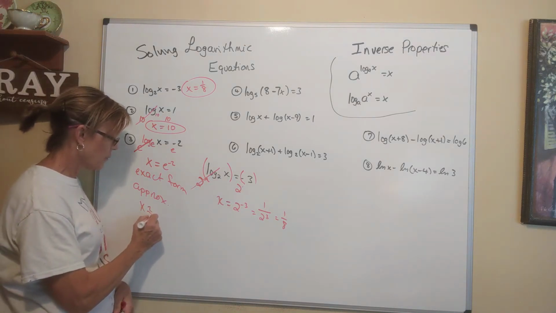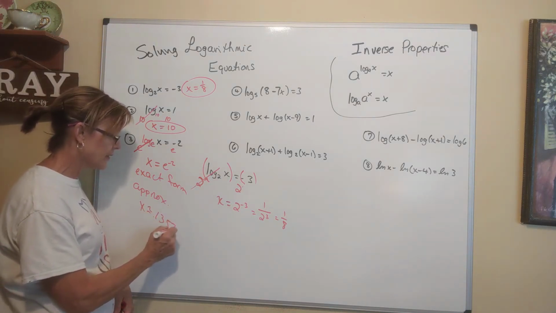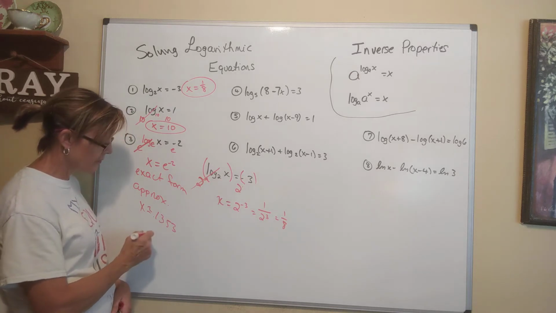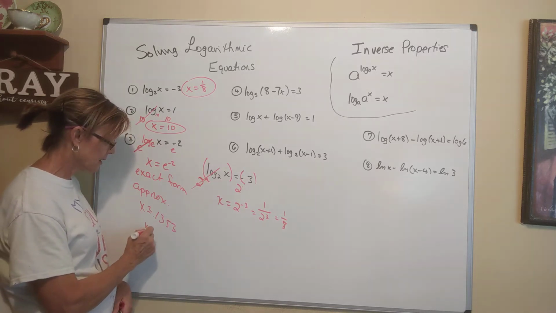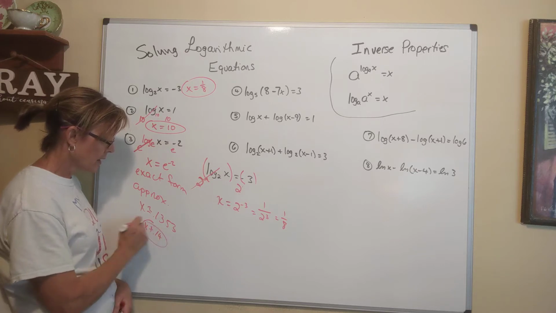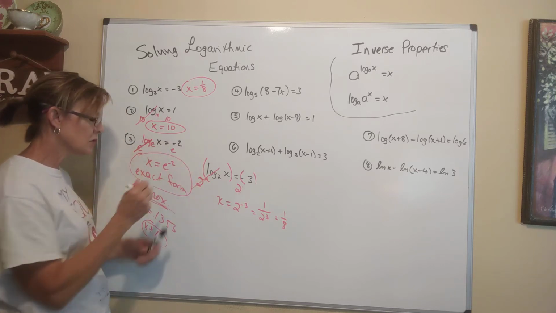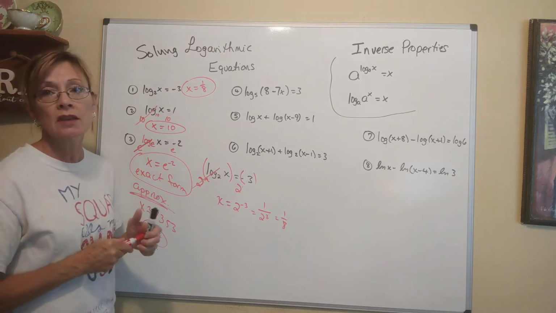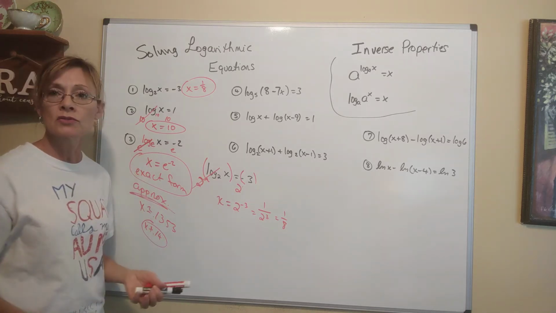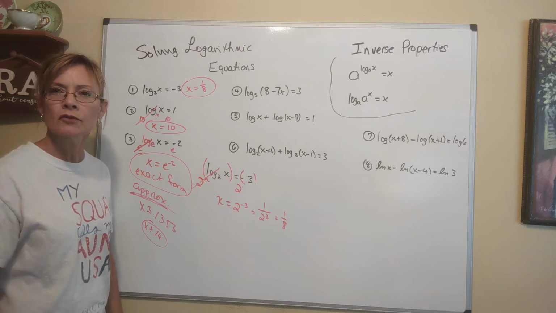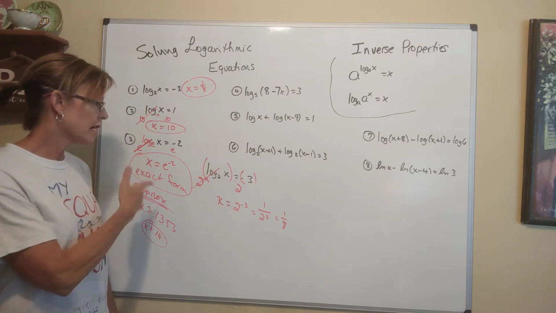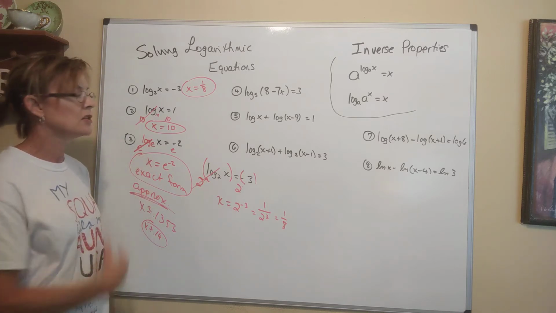X is about 0.1353. If they wanted it to the nearest hundredth, x would be 0.14. This is the approximate answer, and the other one is the exact answer. Depending on the instructions you're given will determine how you answer these. Most of the time I just ask for exact, but if they say round to a certain number of places, they want you to stick it in your calculator.